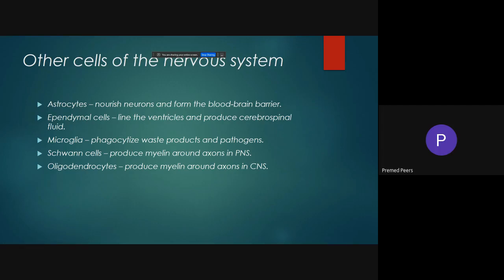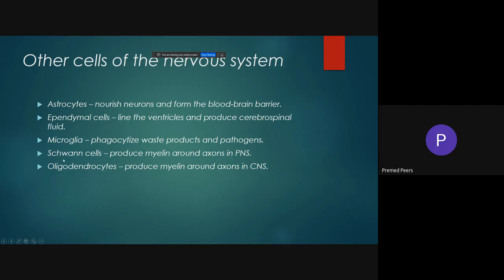Ependymal cells line the ventricles and produce the cerebrospinal fluid, which is a lubricating and protecting fluid in the central nervous system, which we'll learn more about later. Microglia are essentially immune cells, and the equivalent in the peripheral nervous system are called satellite cells. Not sure if that's testable though.